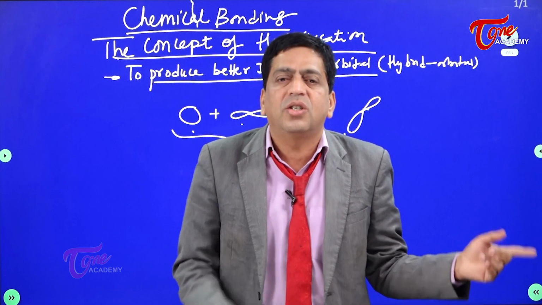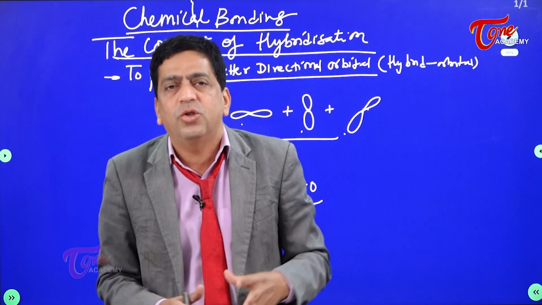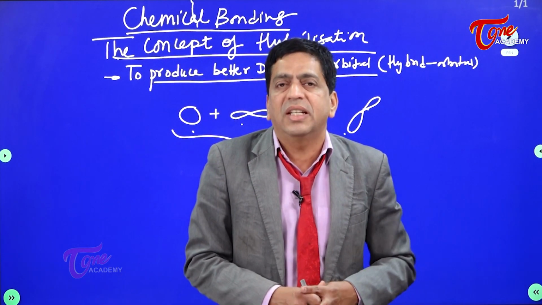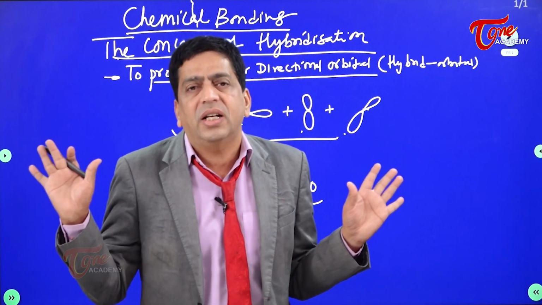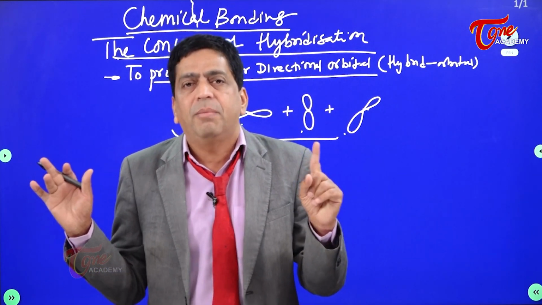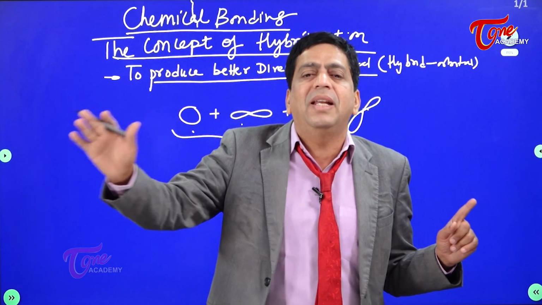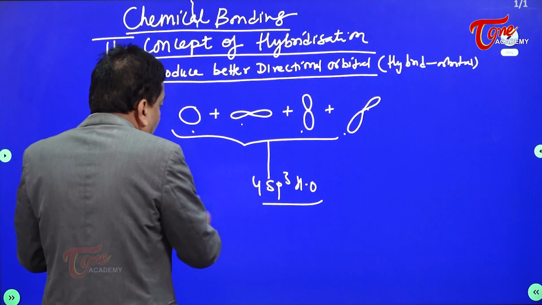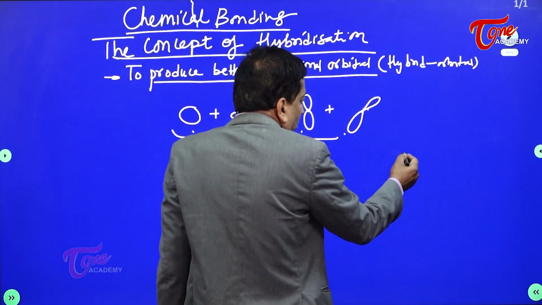How much characteristics depends on how much you invested. It's only one s, right? So you'll have 25% s character and 75% p character. So one of the sp3 hybrid orbitals looks more as p, less as s. So if you see the 4 sp3 hybrid orbitals, they look like this.